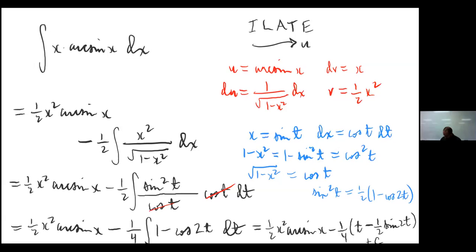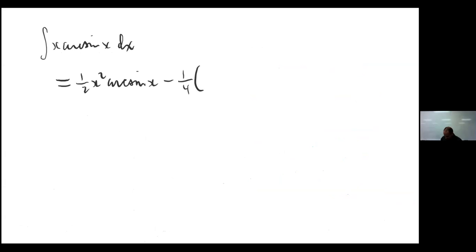Okay, so let me just take a brief glance at this, and we'll move over to the next one. Okay, the integral of x arcsine of x dx equals 1/2 x squared arcsine of x minus a fourth t minus a half sine of 2t.